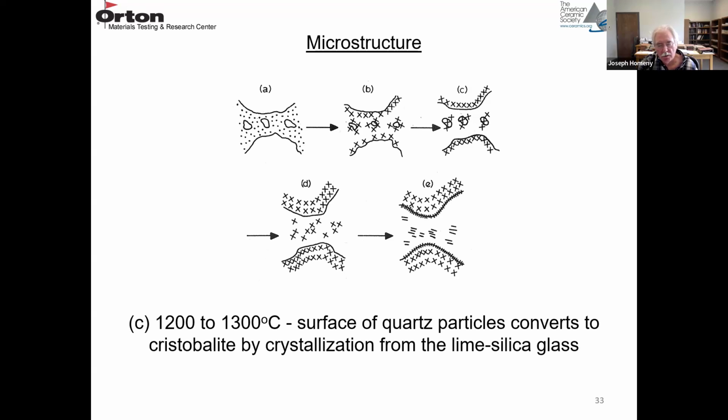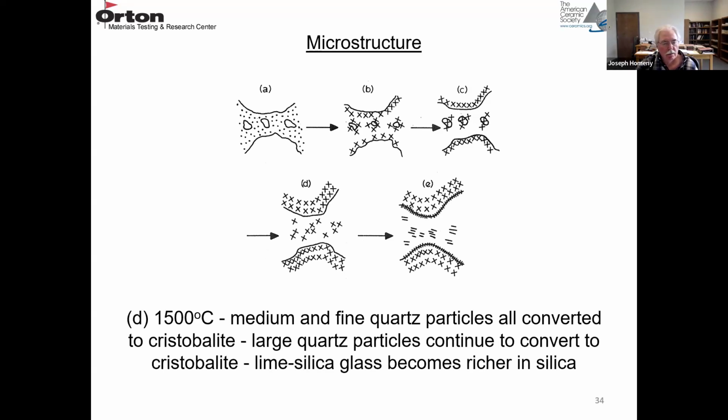Again, the finer particles are more reactive. And then when you get up to 1500 degrees C and D here, all the medium and fine quartz are now all cristobalite.